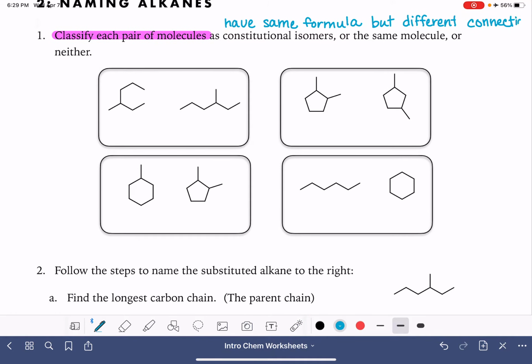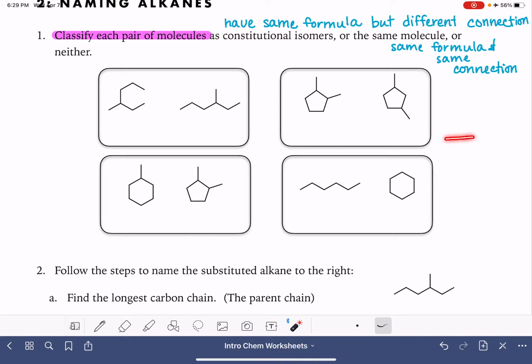The same molecule, if the two drawings represent the same molecule, would need to have obviously the same formula, and also the same connection. Now, when we're looking at the connection of the atoms in a molecule, we aren't thinking at all about the way that we draw them, like left to right versus up and down.